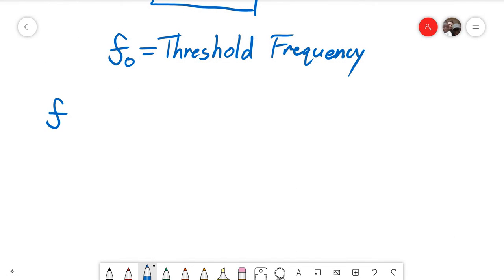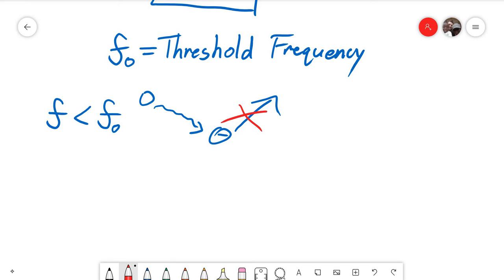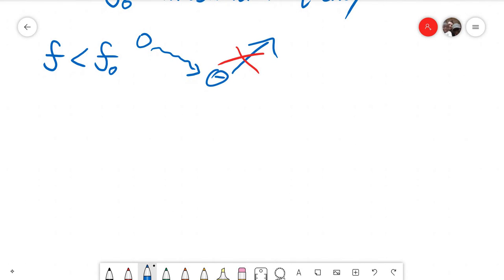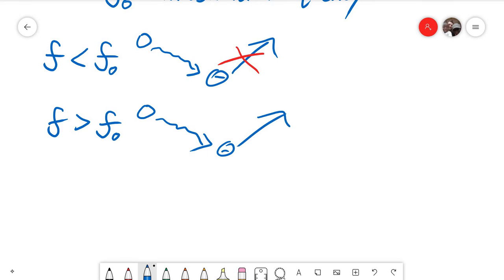If the frequency of our photon is less than the threshold frequency of that material, then when that photon comes in and hits an electron, there's just not going to be enough energy there to kick off that electron. The electron's going to stay where it's happy on that material. But if the frequency of our photon is greater than that threshold frequency, then when this photon comes in and hits the electron, it has enough energy to boot it off, to kick it off.